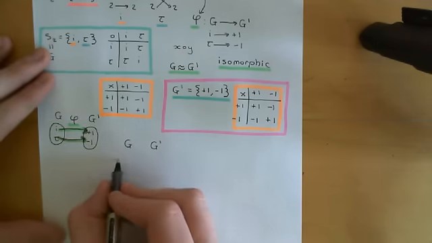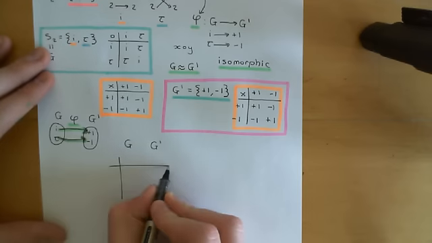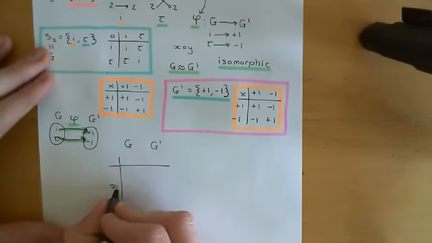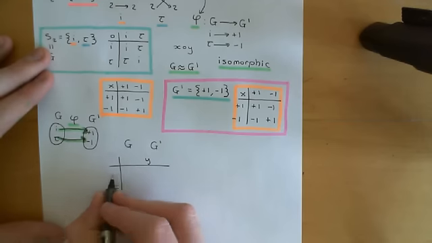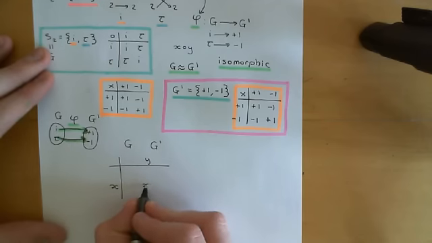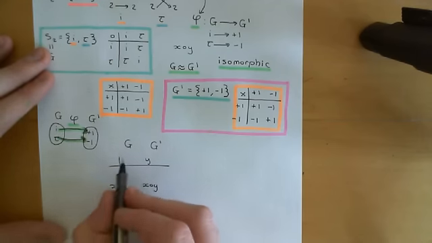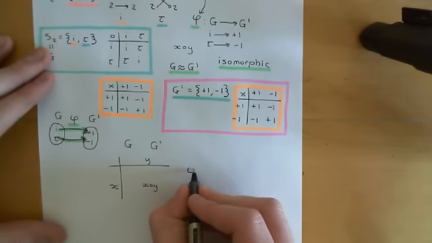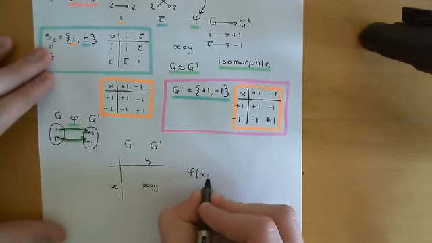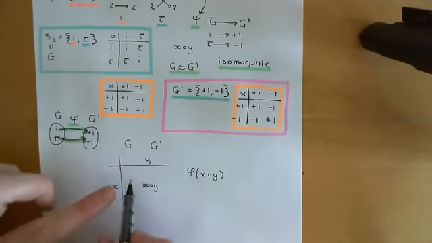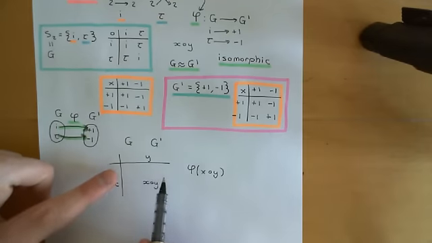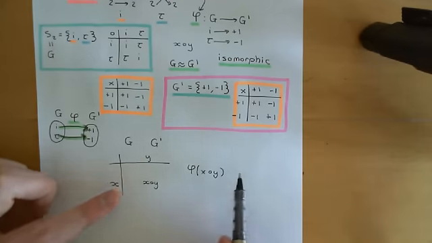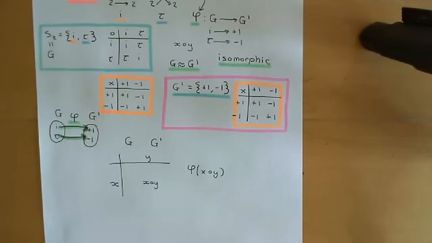Okay, right, so let me draw out the composition table of G. So what we want to prove is that if we have any entry in our composition table of G, which we'll call X composed with Y here, so X and Y are arbitrary elements of big G, and here is an arbitrary element therefore of the composition table, we want to prove that when we use this relabelling map on X composed with Y, so what I'm saying is go through all the different entries of the composition table and map them onto what they will be mapped onto under this relabelling map, which we want to be an isomorphism.